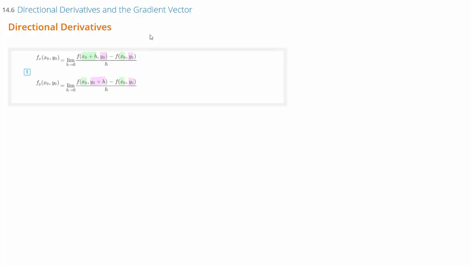There is an equivalent way to think about these partial derivatives. To describe this, let me begin by parameterizing the lines in the plane passing through (x0, y0), which are parallel to the coordinate axes. For the x-axis, I can take the vector function r1(t), which will look like (x0 + t, y0), which I can also write as the position vector for our point, (x0, y0), plus t times i, where i is the unit vector in the direction of the positive x-axis.